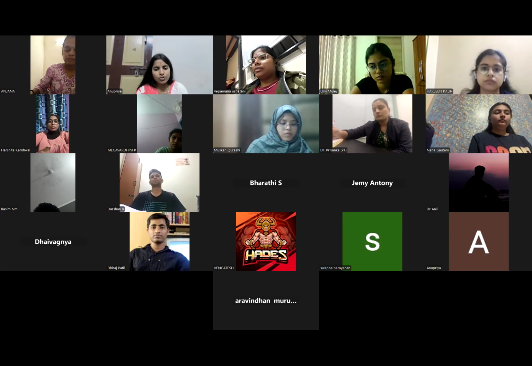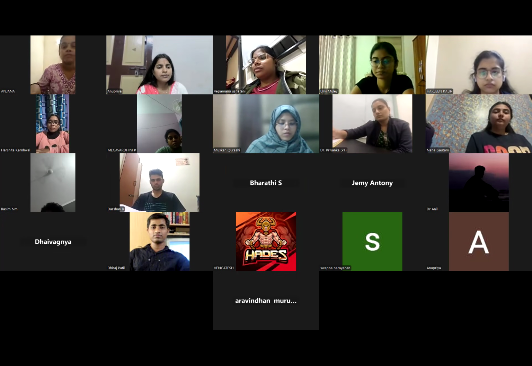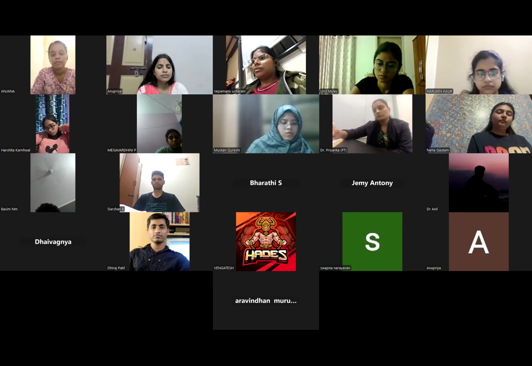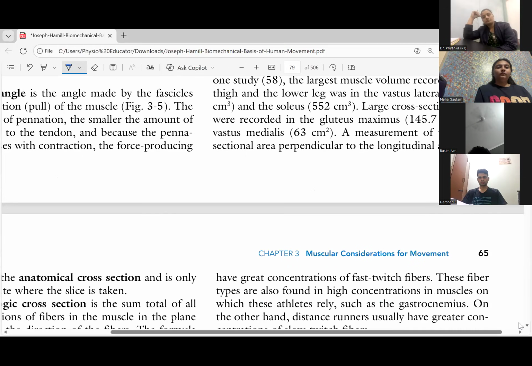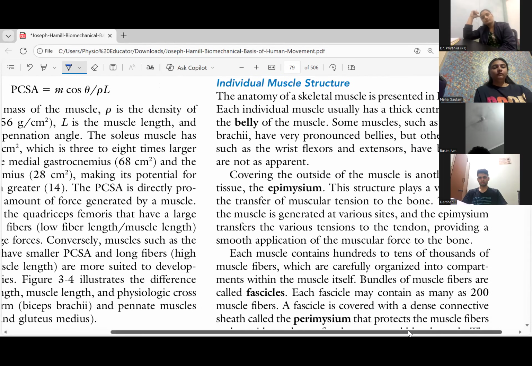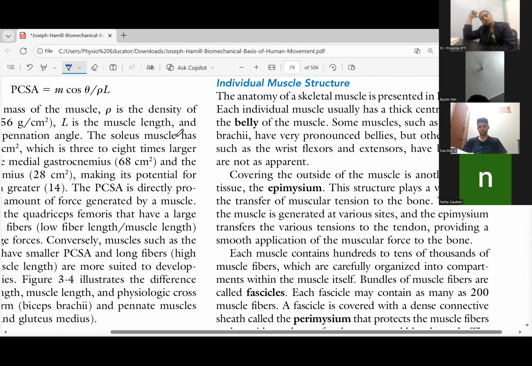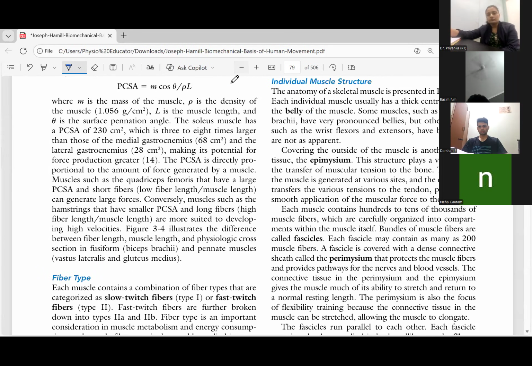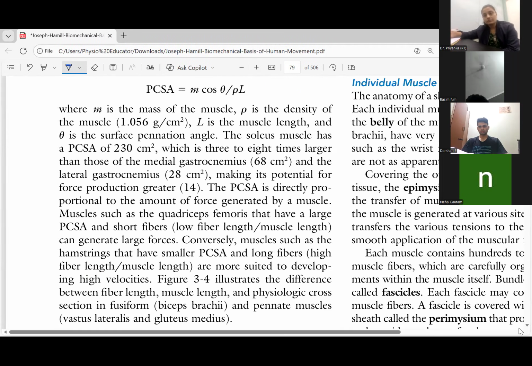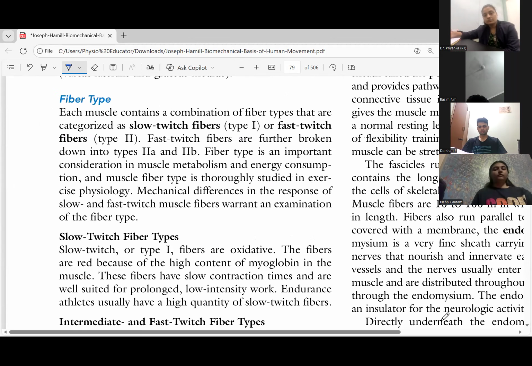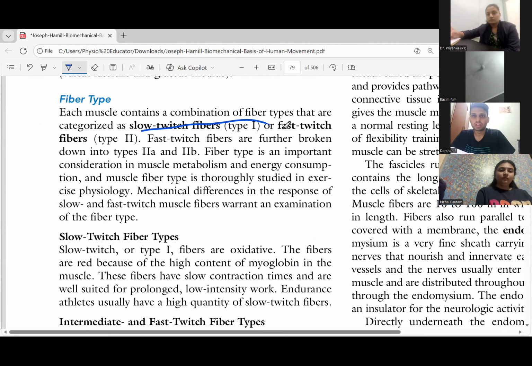So let me just show you, 1 minute. Right. So when it comes to muscle fiber, there are 2 types of fibers, guys. One is slow twitch fiber, another one is fast twitch fiber.